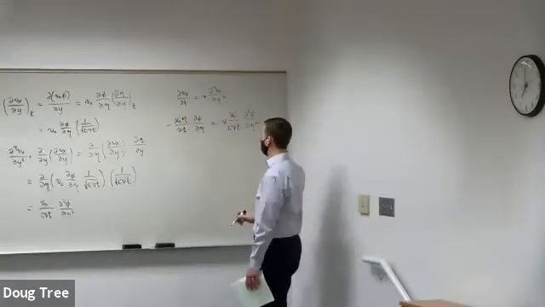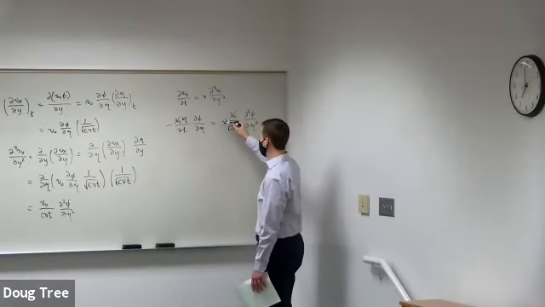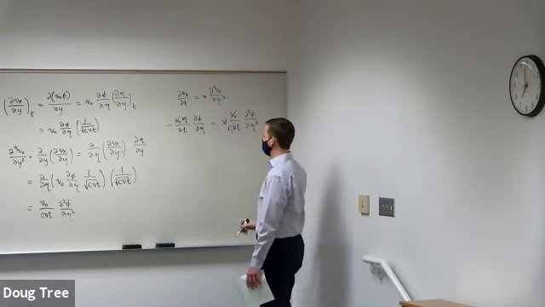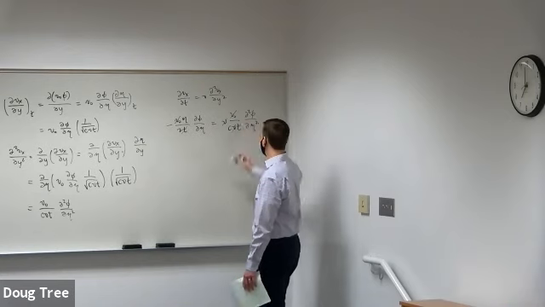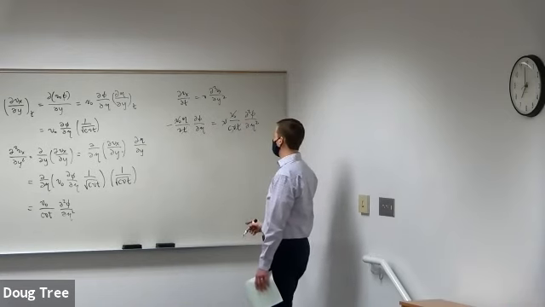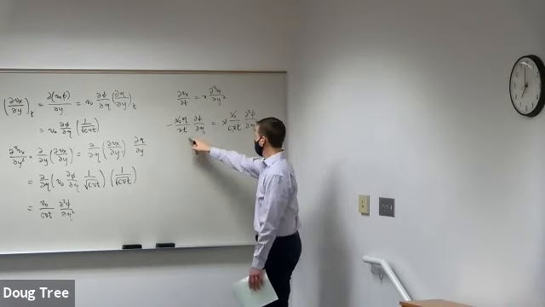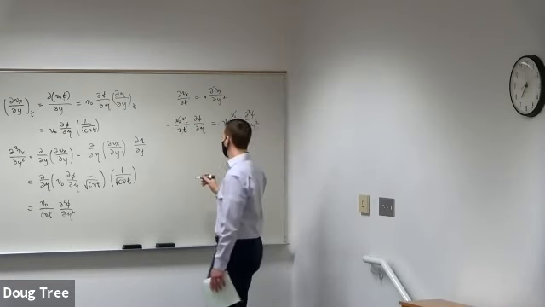There's a v naught on both sides, so that goes away. There's a nu right here, that can go away. There's a t on both sides, that goes away. And so it looks like I can just move this one over and set it equal to 0.